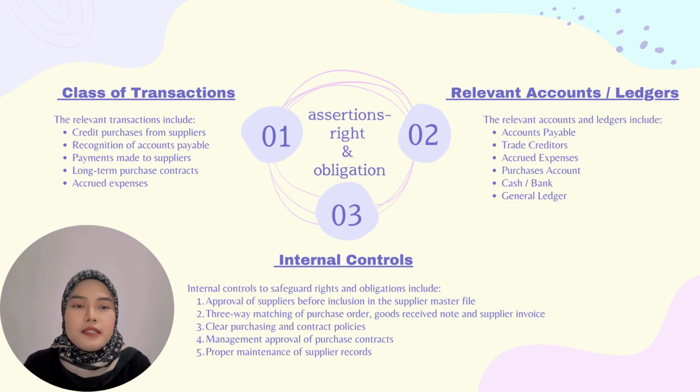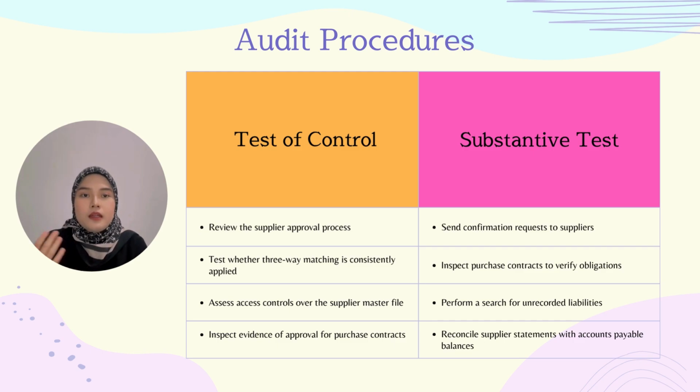For management safeguards, these assertions are supported by internal controls such as supplier approval, three-way matching, contract approval, and proper maintenance of supplier records. The auditor performs tests of controls by reviewing supplier approval processes and verifying the implementation of three-way matching, while the substantive tests include supplier confirmation, inspection of contracts, reconciliation of supplier statements, and searching for unrecorded liabilities.